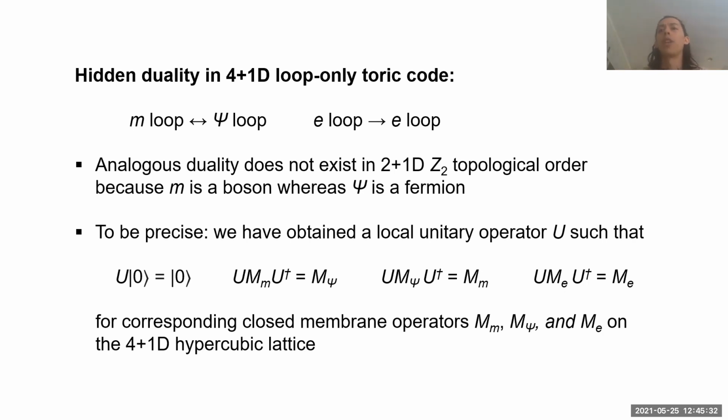So just to be totally clear, when I say that this model has this particular hidden duality, to be totally precise, what I mean is that there exists a local unitary operator U that preserves the ground space of the model and maps closed membrane operators according to these transformation rules.